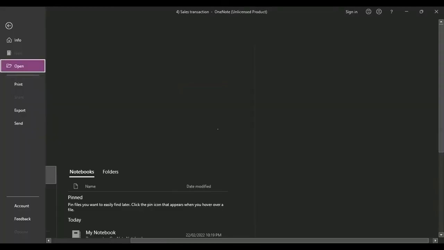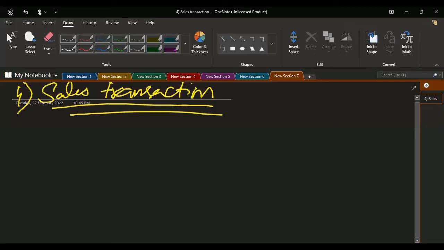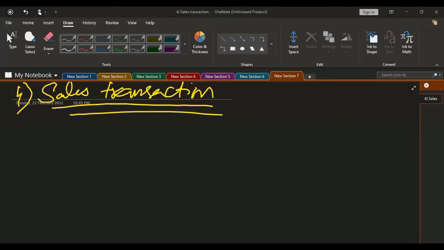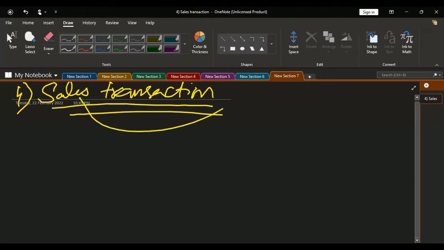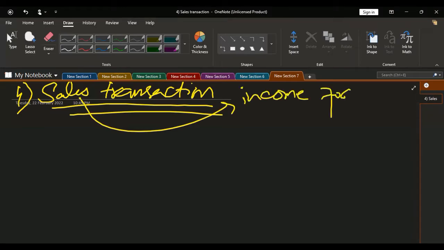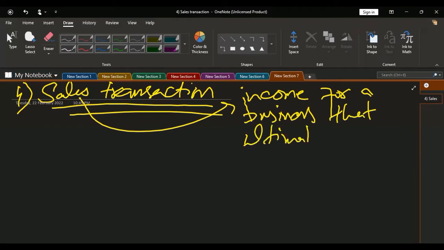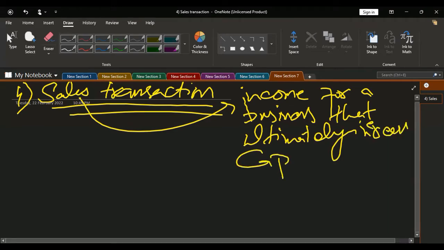Here, sales transactions. What are these sales transactions? Sales basically are the income for a business that ultimately increase capital.